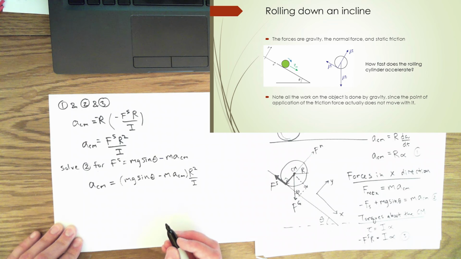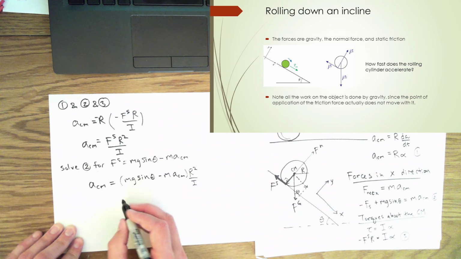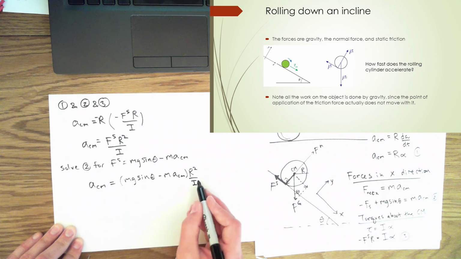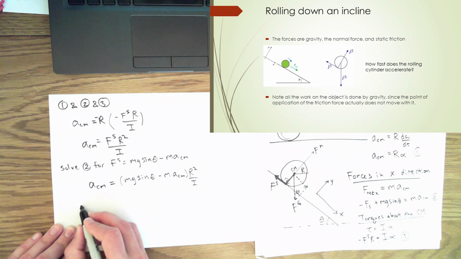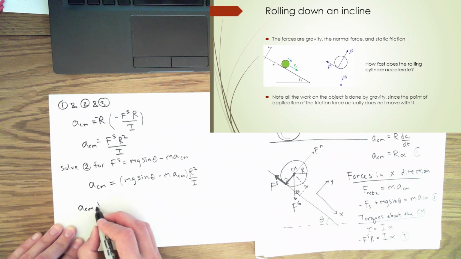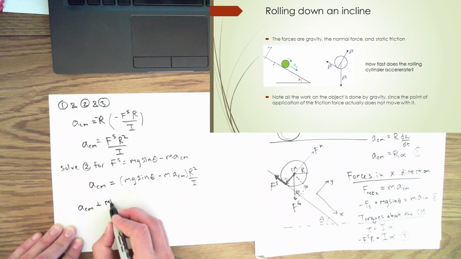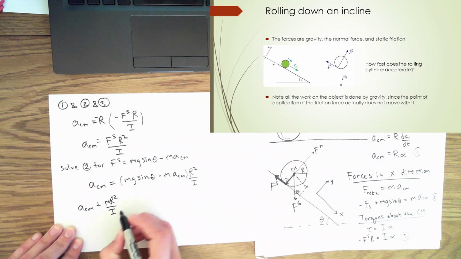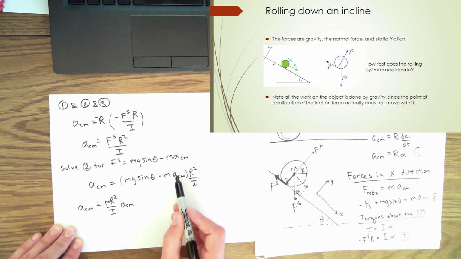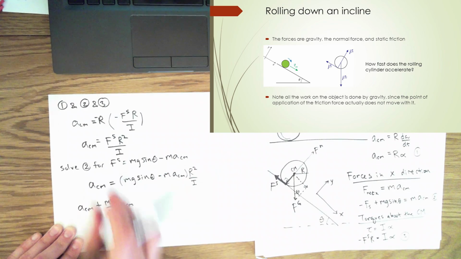Okay. So let's move this term over here: m r squared over I times a_CM. That's moving this term to the left-hand side of the equation.